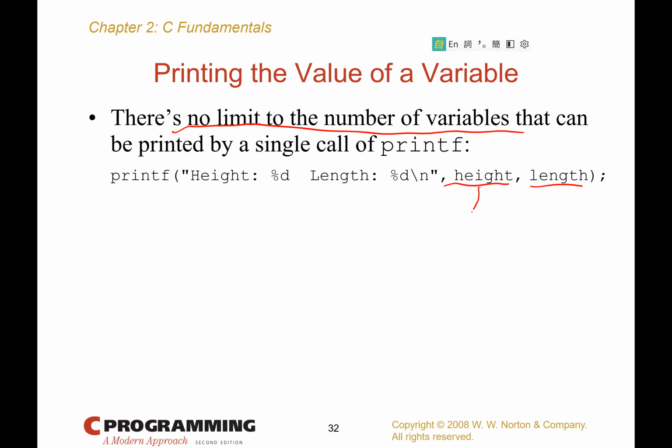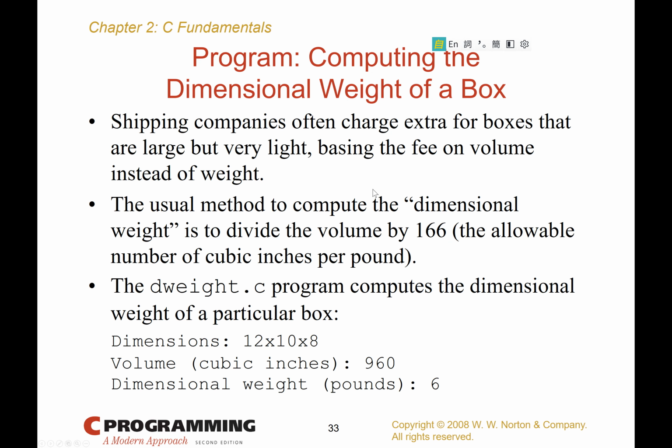The value of height will print in here, the first percentage D, and the other value will print at this location, the second percentage D. So it's kind of easy. Now, dimension weight. This is a very simple program that this transparency shows. What's dimension weight?